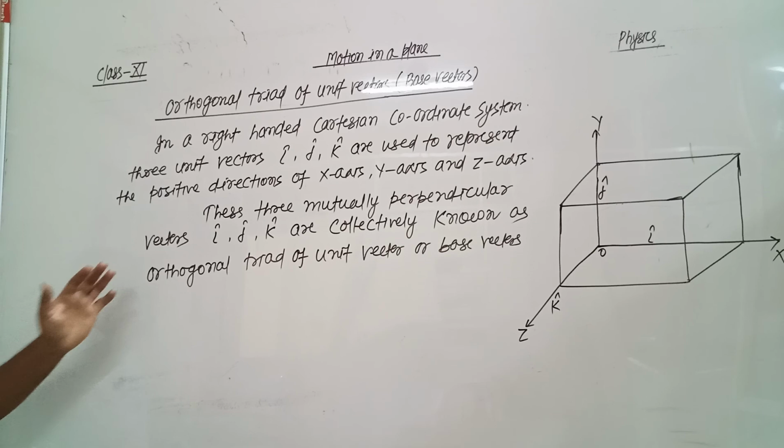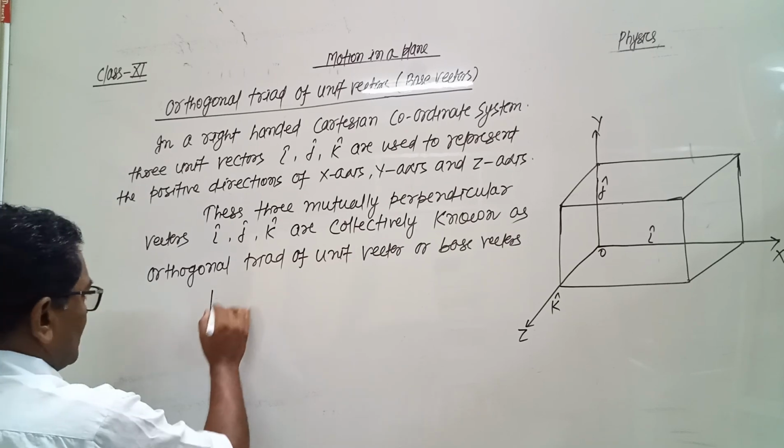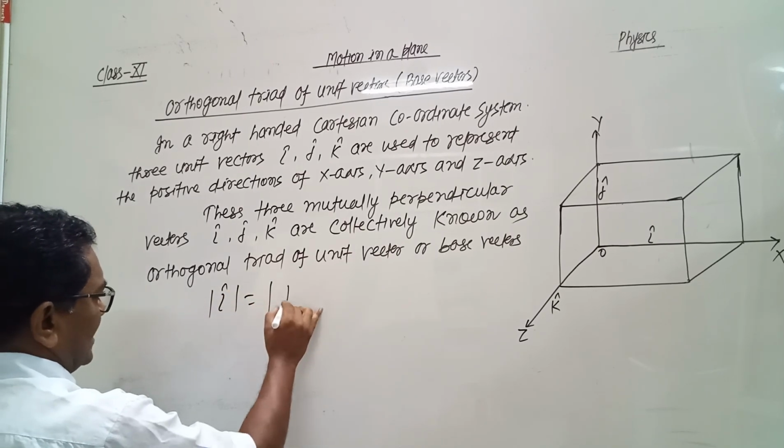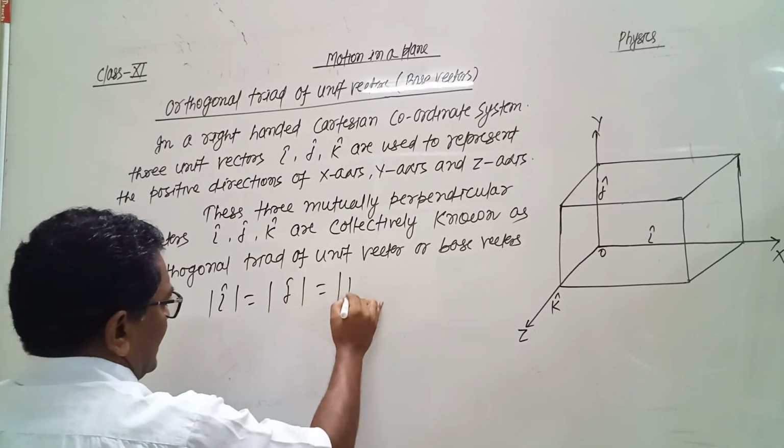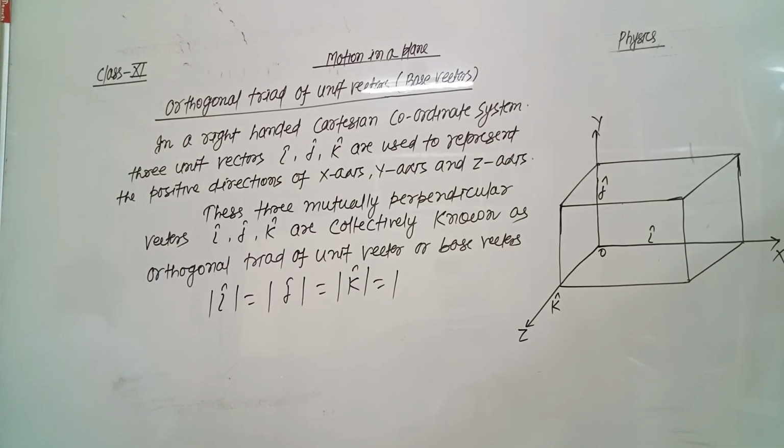So these mutually perpendicular vectors, i cap, j cap, k cap, are collectively known as orthogonal triad of unit vectors or base vectors. And the magnitude of these unit vectors, i cap, j cap and k cap, is equal to 1. So this is about the orthogonal triad, and in the next video we discuss rectangular components.